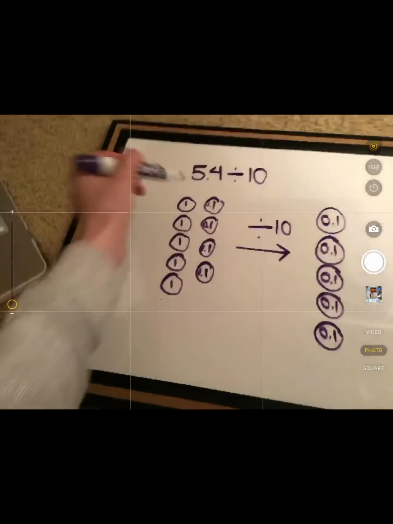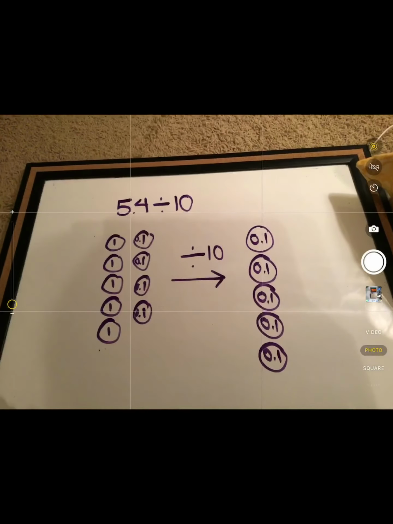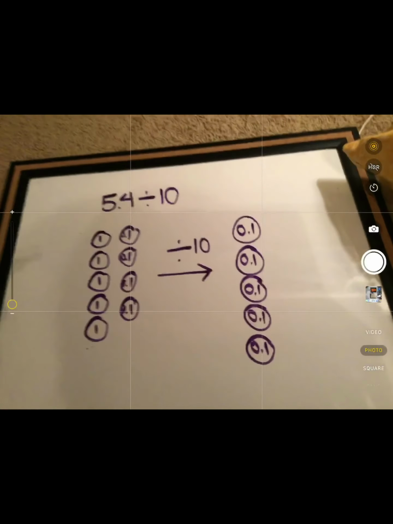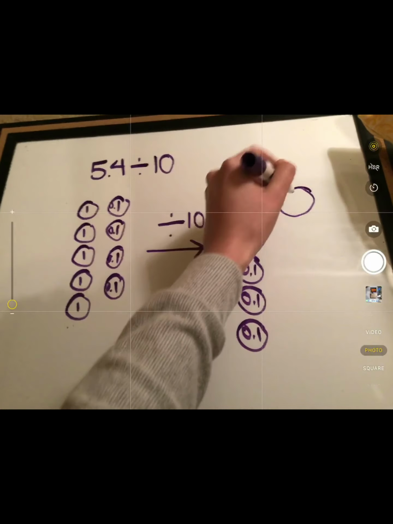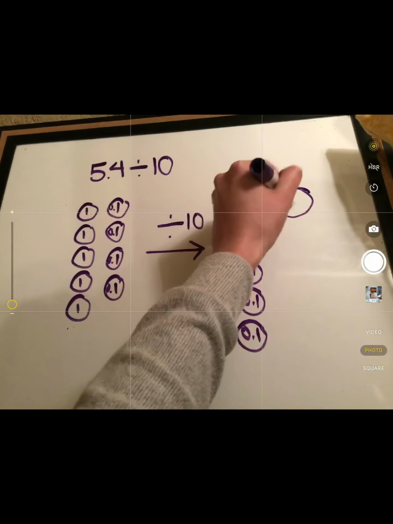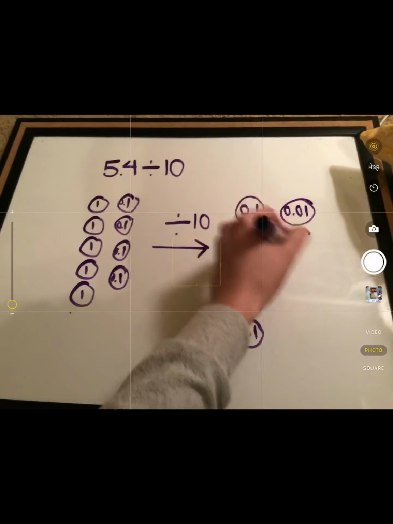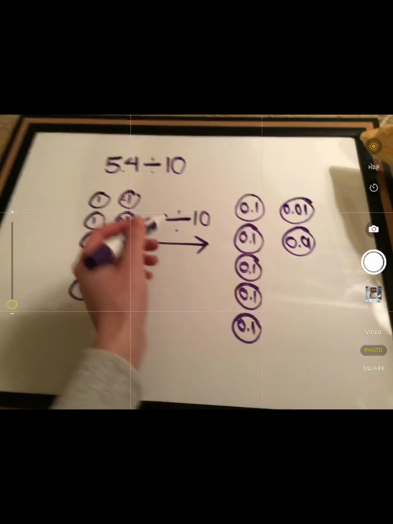And then we are going to do 1/10 divided by 10. Well, 1/10 divided by 10 would mean I need to shift my decimal 1 to the left. So that is actually going to give me 1/100th. I'm going to do that 4 times.